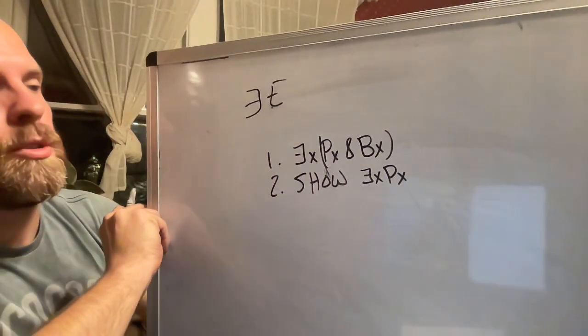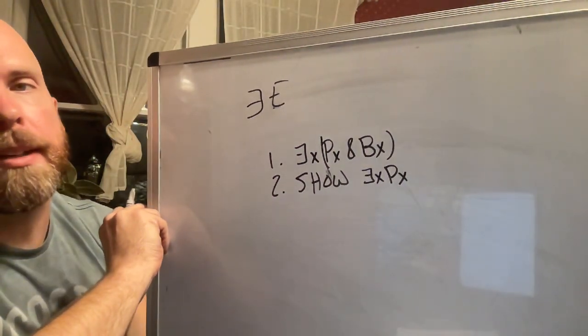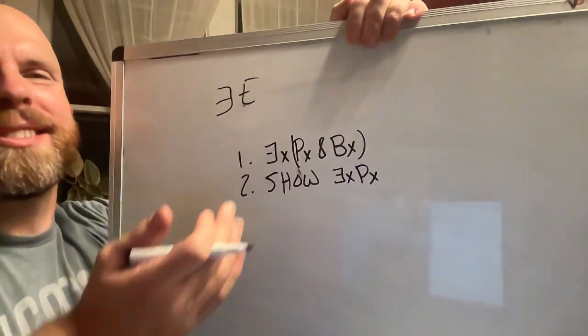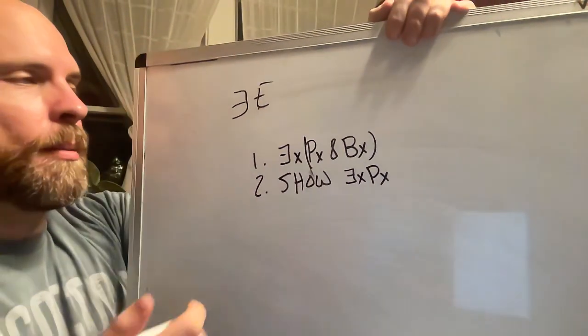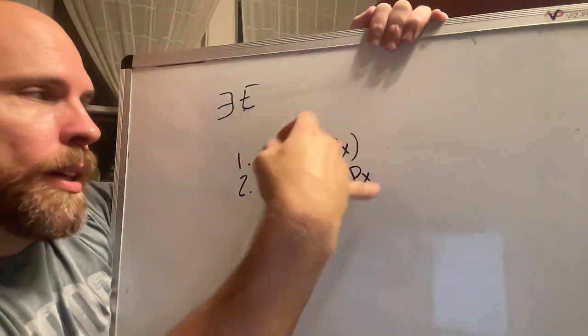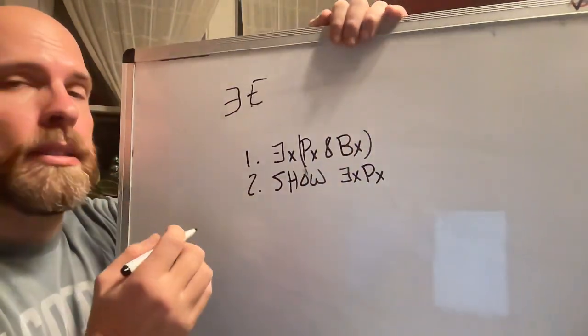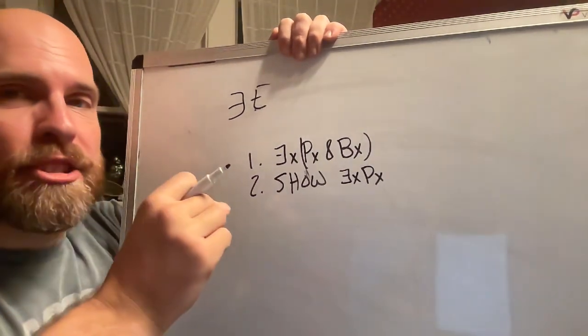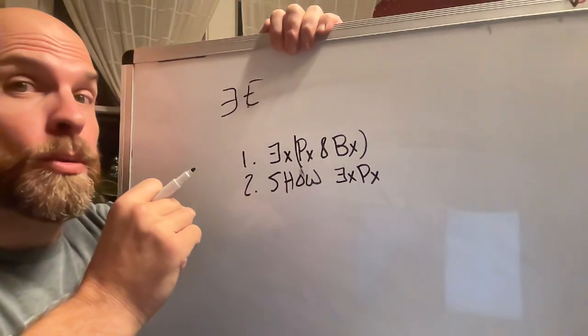So, from the premise, something is a parrot and something is a bear, I want to show that something is a parrot. Now, it seems like it's exactly the sort of thing I should be able to show. Note though, I don't have any rules that will let me just break off or get rid of that existential. I'm going to have to do something like instantiate it, much like I was doing with the universal quantifier.